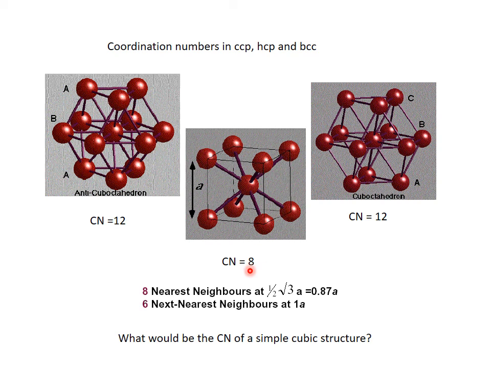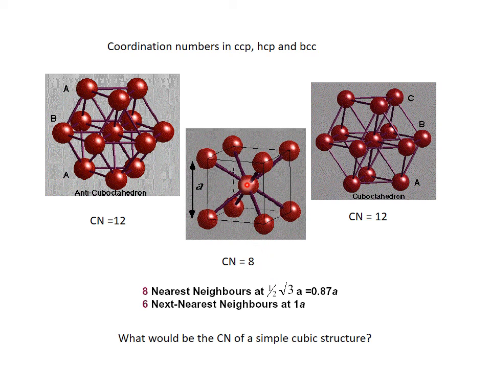The distance between the nearest neighbors is half of the body diagonal of the cubic unit cell, which is a half times the square root of 3 times a, which is equal to 0.87a. The next nearest neighbors are 1 full lattice parameter a away.